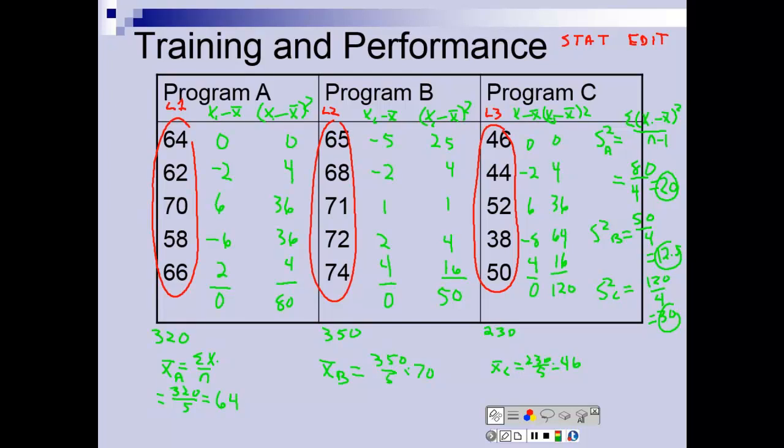And I'll tell you, on exam 4, I'll have you work through this by hand. I may give you, for example, the means for groups A and B, the 64 and the 70. I might give you the variances for groups A and B, the 20 and the 12.5. Ask you to make those calculations for group C, the mean and the variance, and then to go through, compute the MSE, the MSTR, the F test.